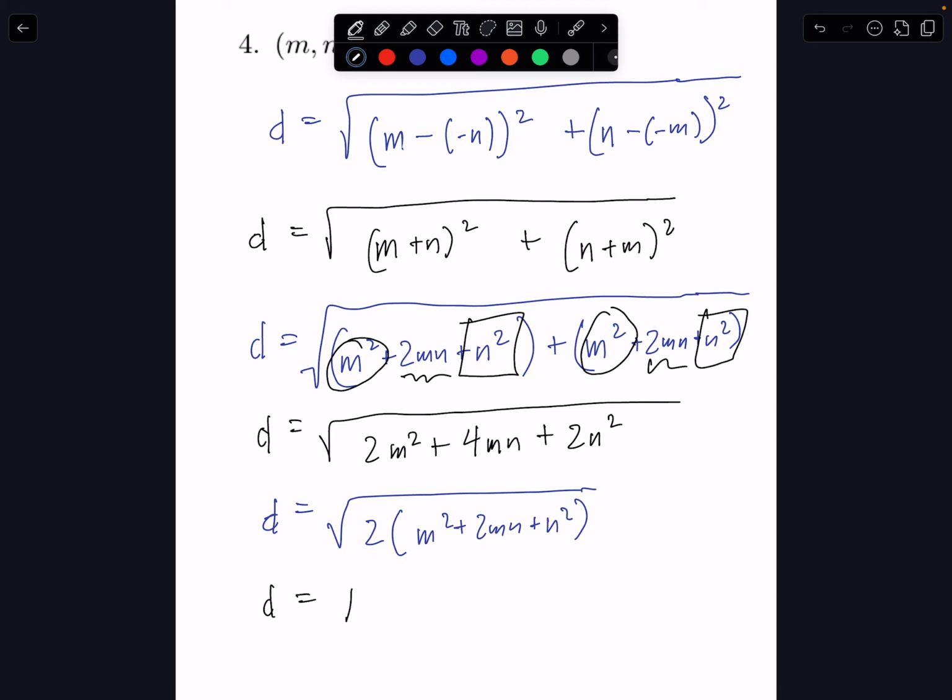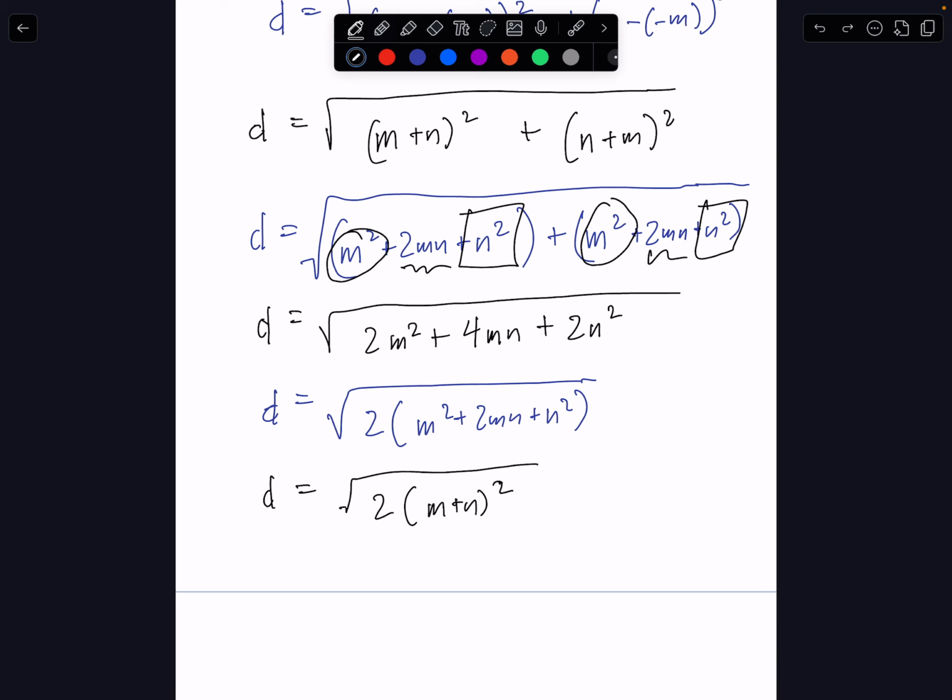Okay, so I'm going to get the square root of 2, and then m squared plus 2mn plus n squared. That's just m plus n squared, right? But when you have something squared and square rooted, you can just take the square root and dump that square, right? So that's going to actually be the square root of 2 times just m plus n.